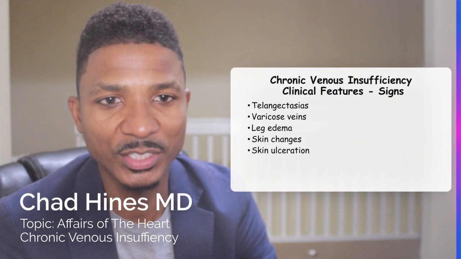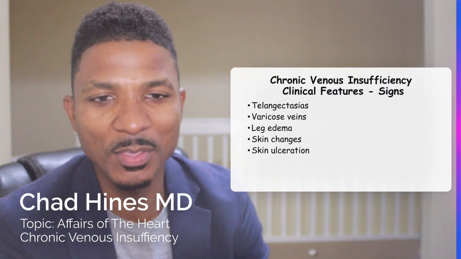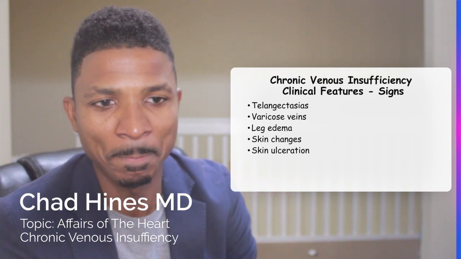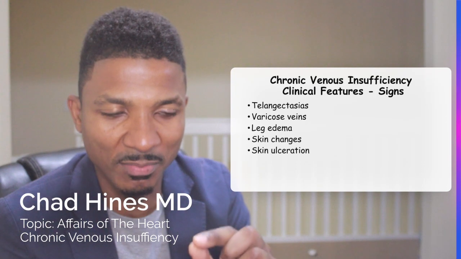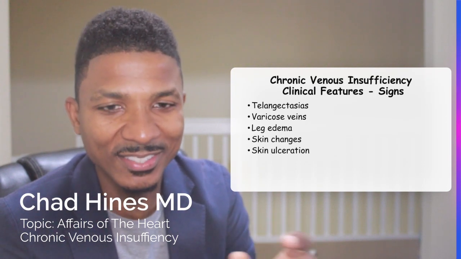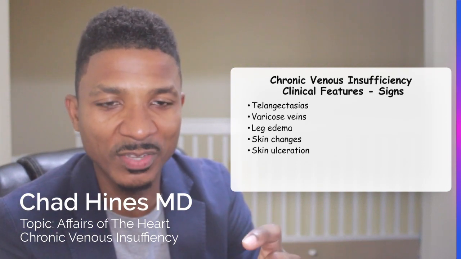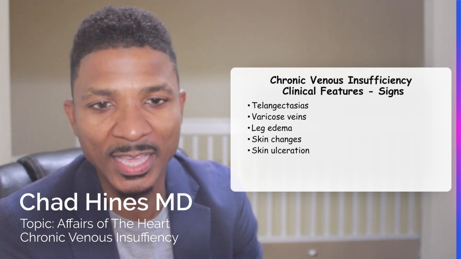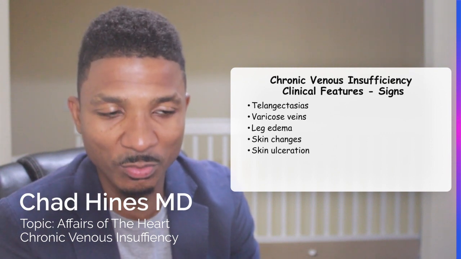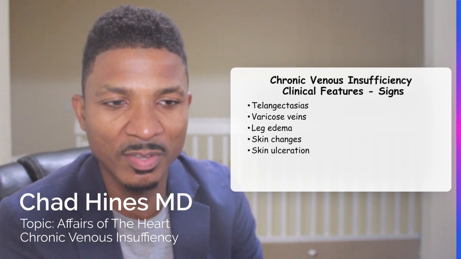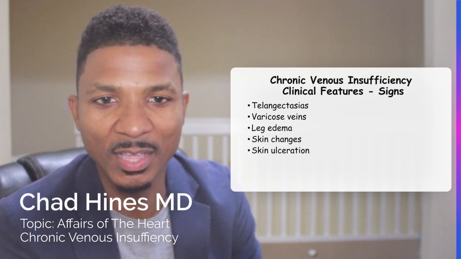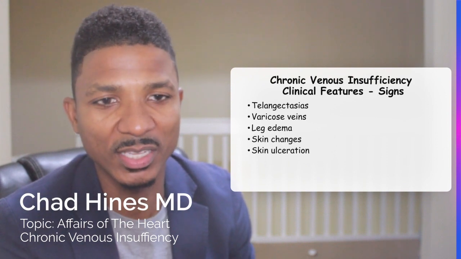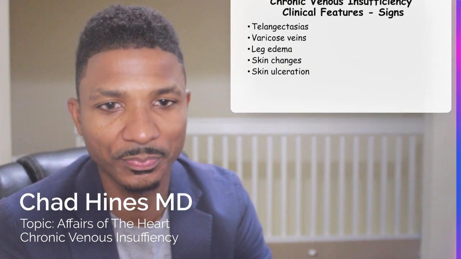On physical exam you might see some little spider veins, but the medical term would be telangiectasias, and then larger veins may emerge, which we call varicose veins. A person with chronic venous insufficiency may then develop leg swelling, and other changes in the skin like the darkening of the skin, and as mentioned before, the skin will ulcerate.